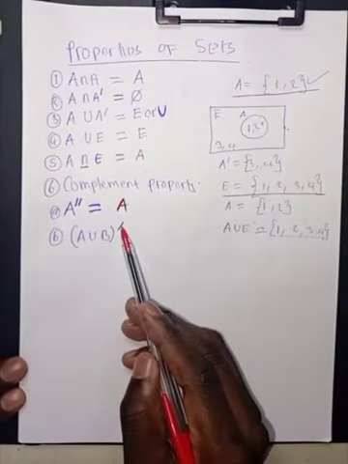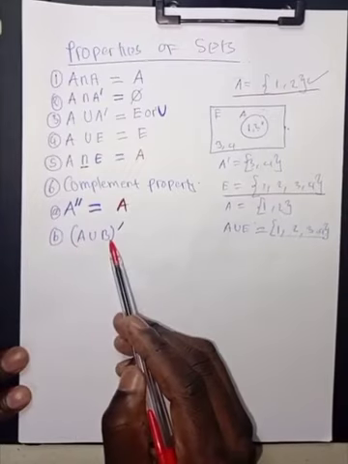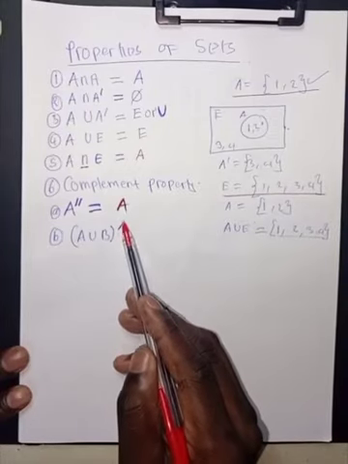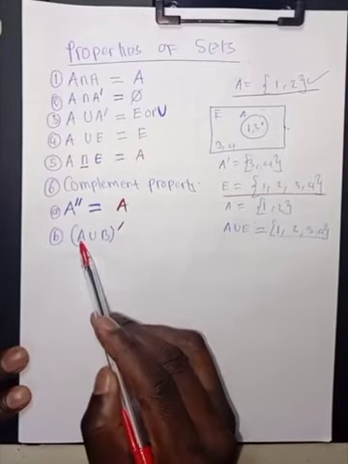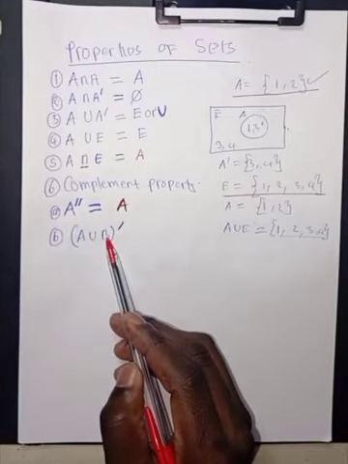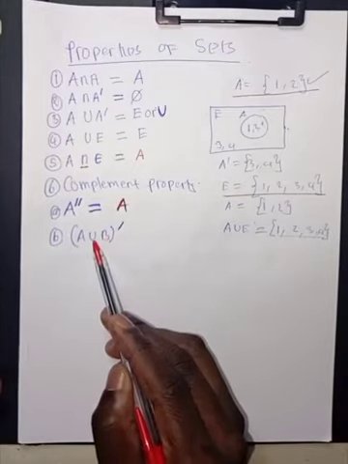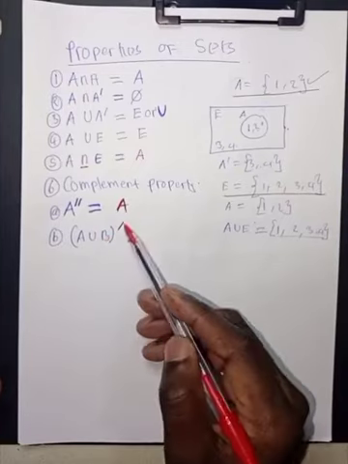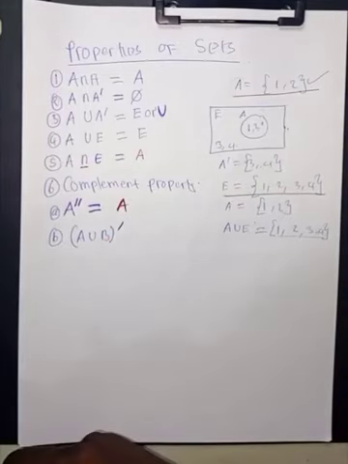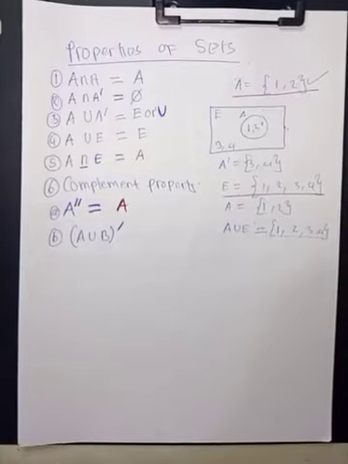If you have two sets inside brackets and a complement outside, this complement belongs to set A and set B. So what happens to the symbol in between the two sets inside the brackets if we distribute the complement to the individual sets?